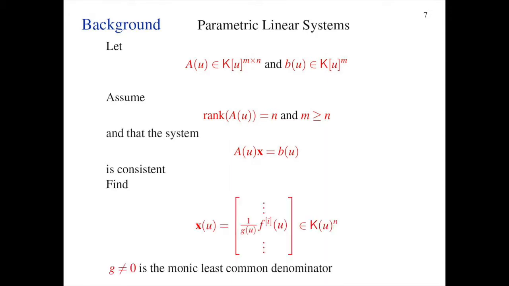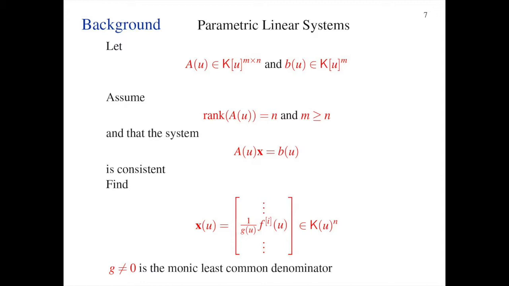Where's the parameter? So the entries of A and B are polynomials in U. So U is the parameter. Only one parameter. Yes, one parameter.